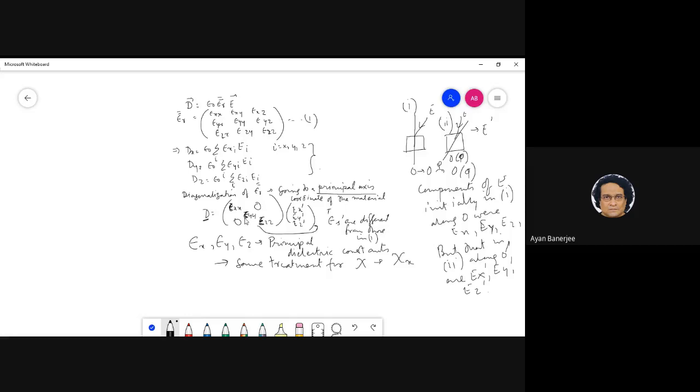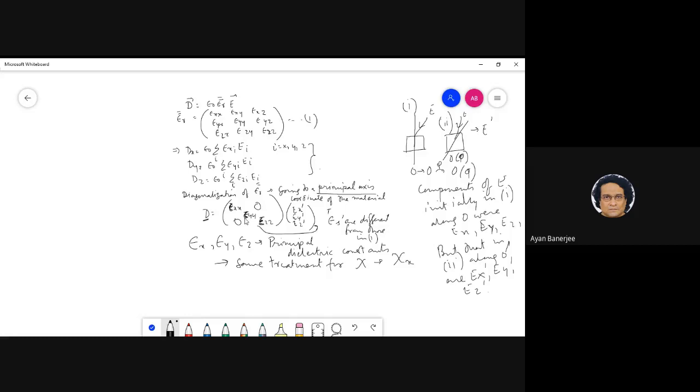So when I think of a quarter wave plate, we typically say that in order to get the quarter wave plate to work properly, you have to align with respect to the optic axis.